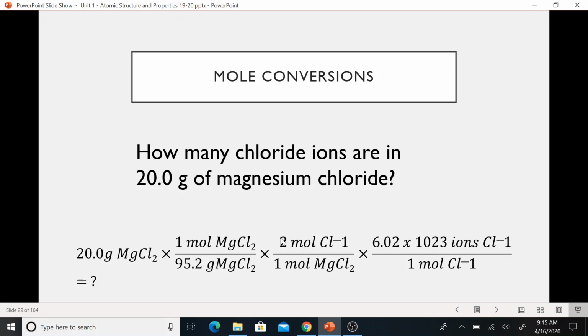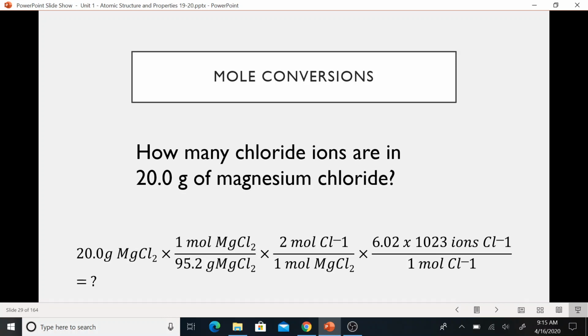And so that would give me the moles of chloride ions that I have, but it doesn't ask me for moles of chloride ions. It asks me how many chloride ions I have. So then I need to take it a step further, and I know 1 mole of chloride ions is equivalent to 6.02 times 10 to the 23rd chloride ions. Now that I have my setup, you would just multiply that in your calculator.